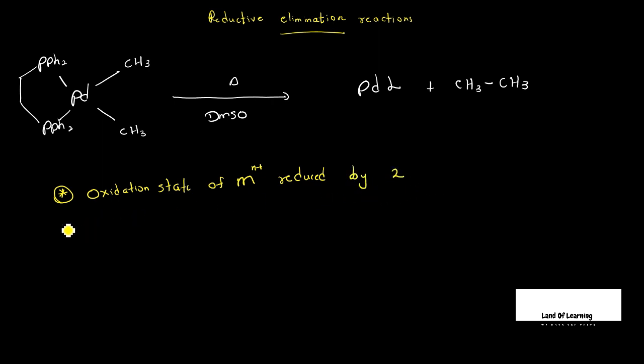And when it comes to the coordination number, in oxidative addition it's increased by 2. But in this case, you can see two ligands are removed, so the coordination number is decreased by 2. So let me write it. Coordination number reduced by 2.